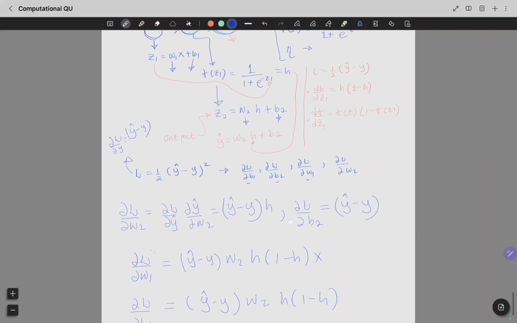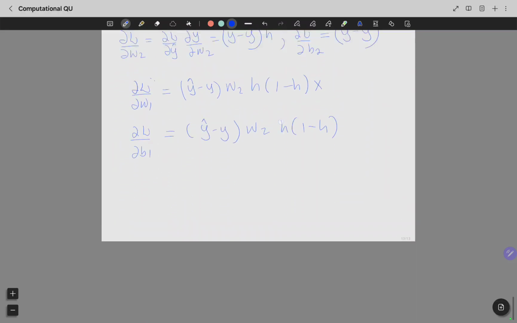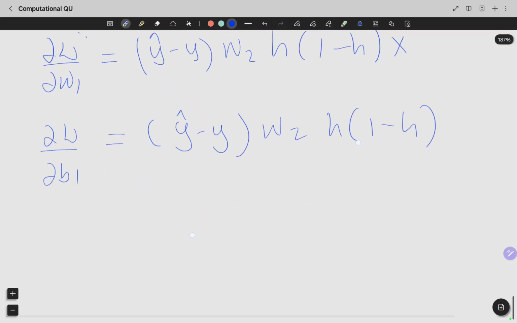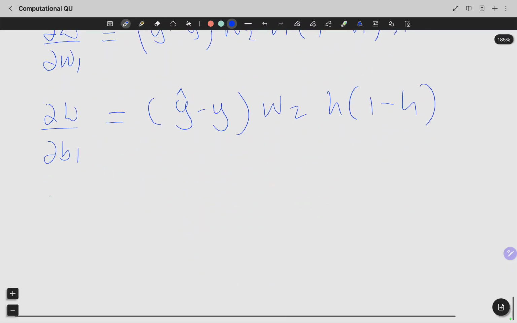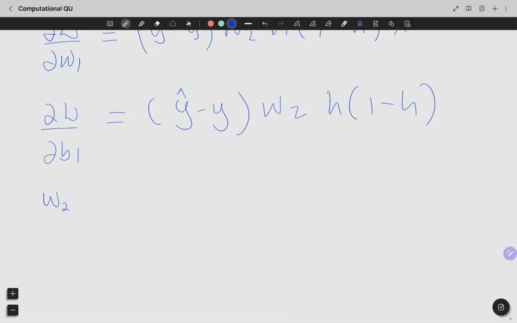Step 3 is the update, and the update is easy. W2 update is w2 minus the learning rate times dL by dw2, which we already know.